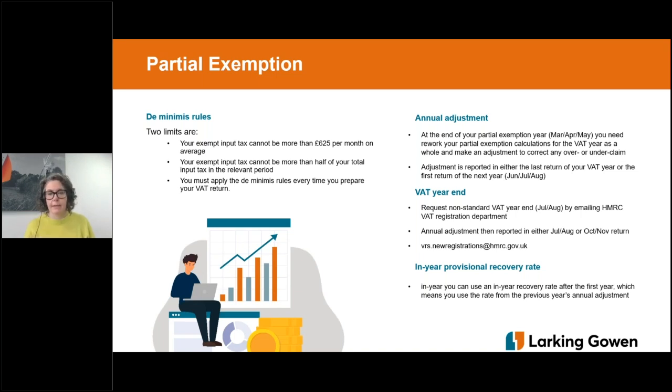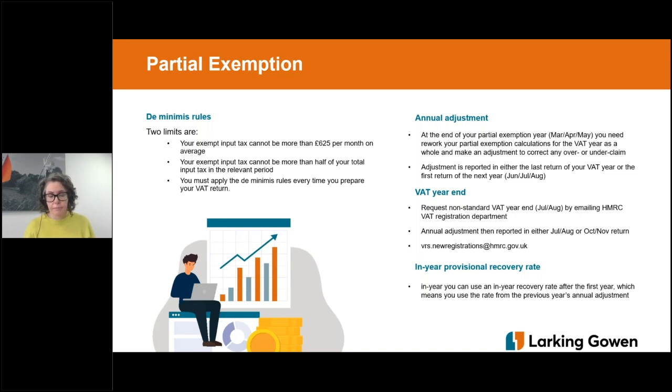Now, I would recommend that you undertake your annual adjustment calculation and report it in the first return of the next VAT year, because you've got enough going on at year end without trying to work out your annual adjustment position as well.